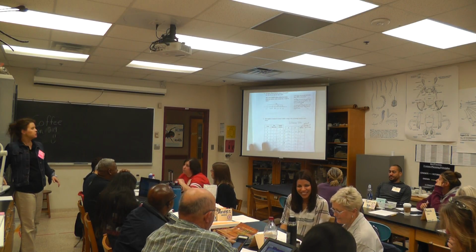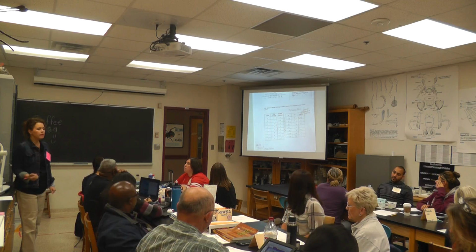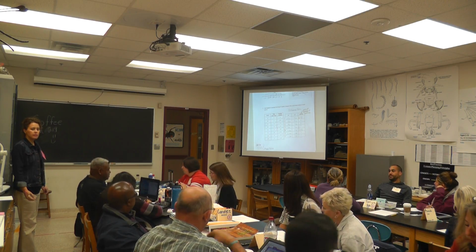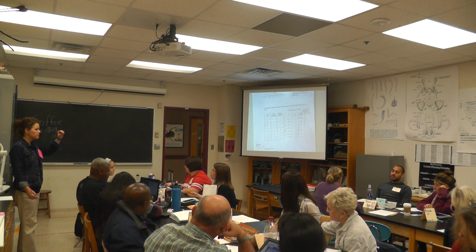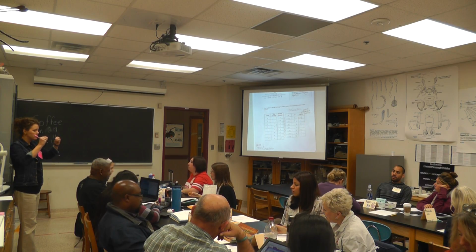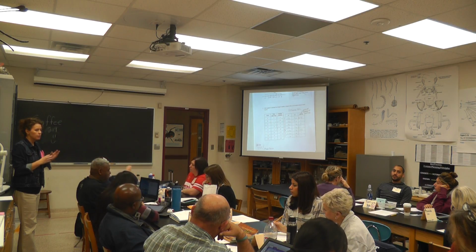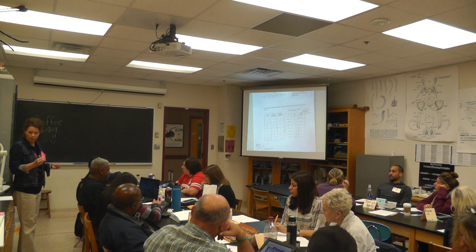So if you look at your difference table here, when you're calculating your average velocity, you take your beginning position and your ending position and find the difference. And then you divide it by the time it took to go from one position to the other.